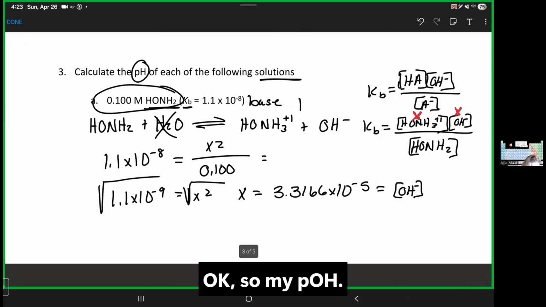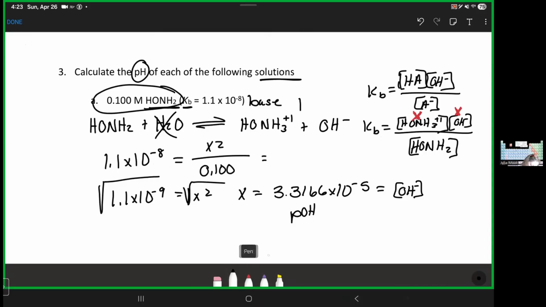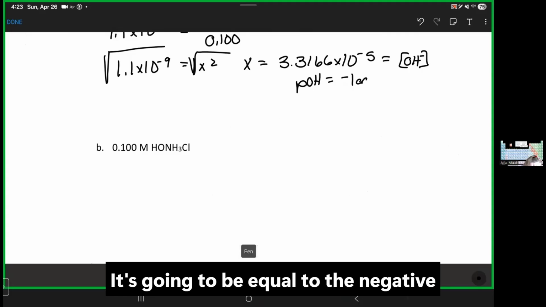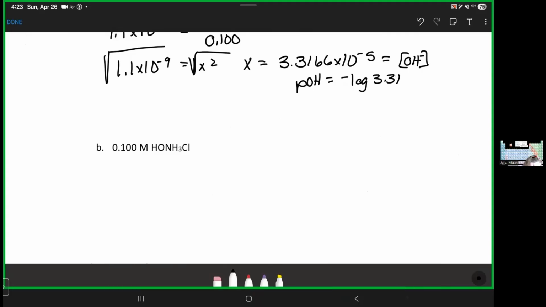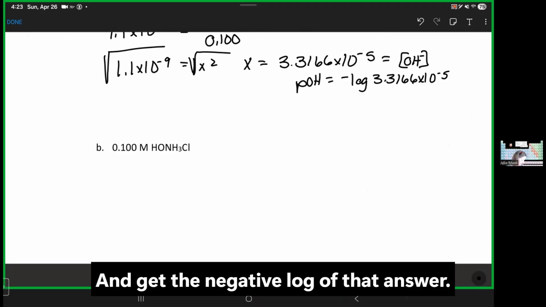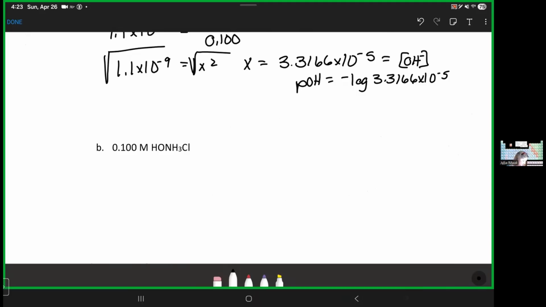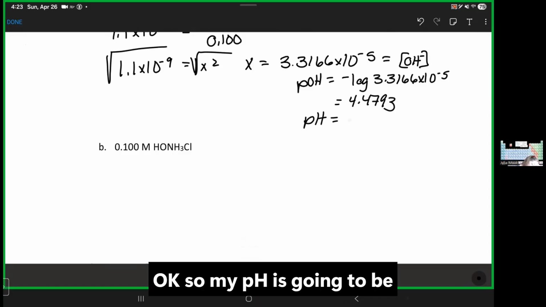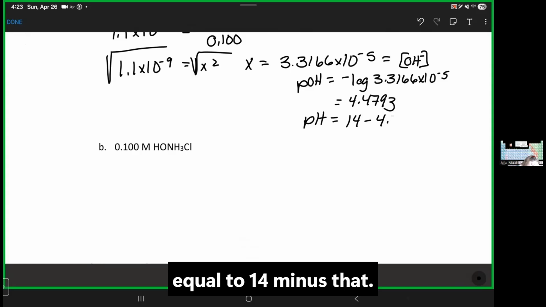Okay, so my pOH is going to be equal to the negative log of that answer. I get 4.479. So my pH is going to be equal to 14 minus that.